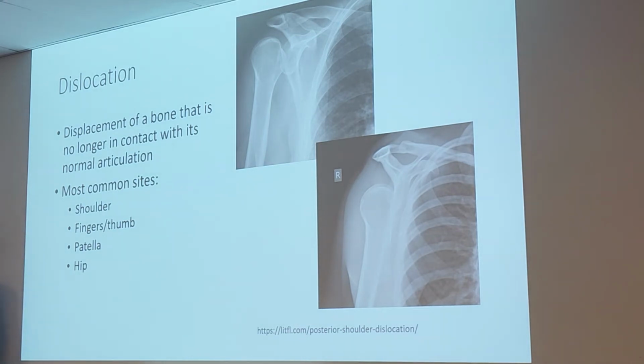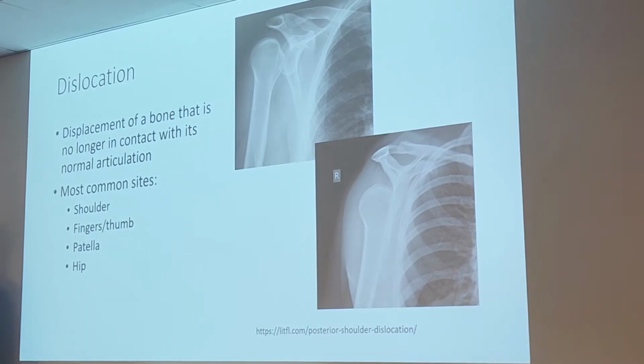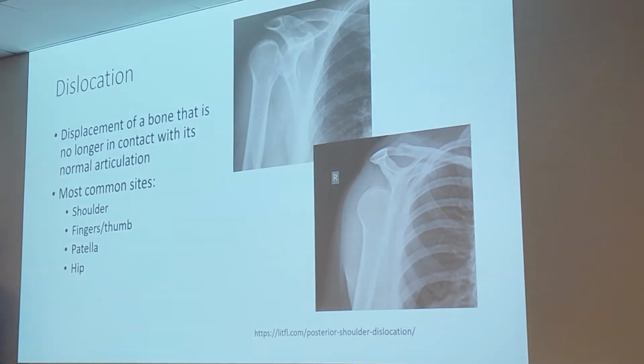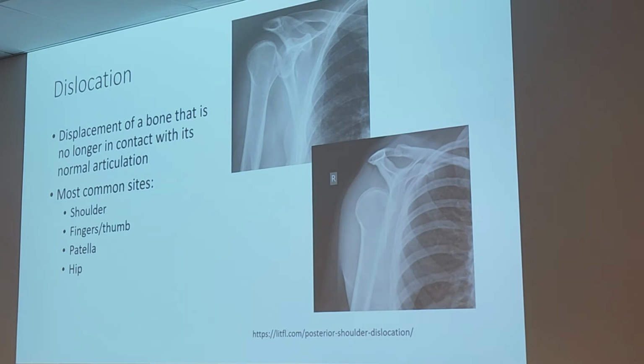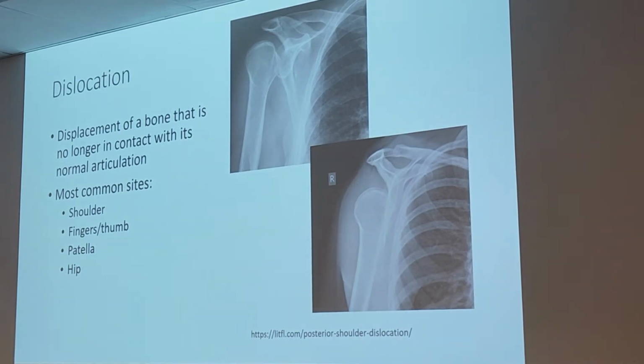Shoulder pops out of socket, either went forwards or backwards, and so the doctor will need x-rays to 1, make sure that the bone is actually dislocated, and 2, figure out which way the dislocation went. Did it actually pop out anterior, or did it pop out and go posterior? Once again, that is why we need both views, both AP and lateral.